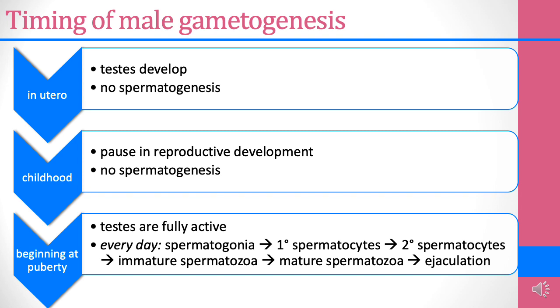in some populations, the testes are fully active. So every single day, spermatogonia divide to produce more spermatogonia and to produce primary spermatocytes. The next day, those spermatocytes divide to become secondary spermatocytes. And the next day, those divide to become spermatids, which then become immature spermatozoa.